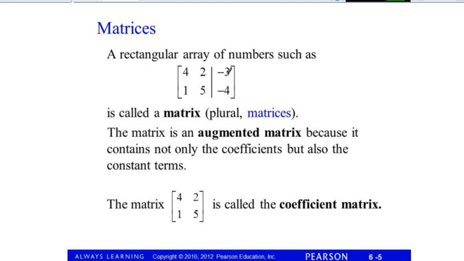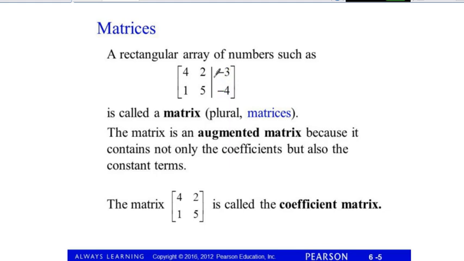So, any rectangular array of numbers, as this, is called a matrix, and if we have more than one, we have matrices. This matrix happens to be what we call an augmented matrix because it contains not just the coefficients, which are these values, but it also contains our constants, what our values are on the other side of the equation.